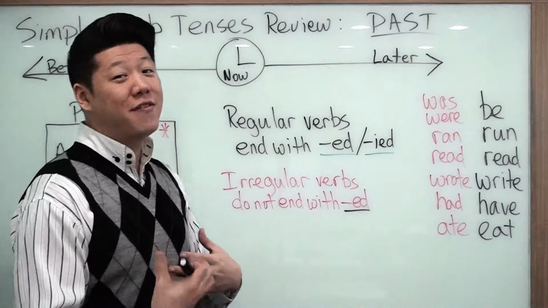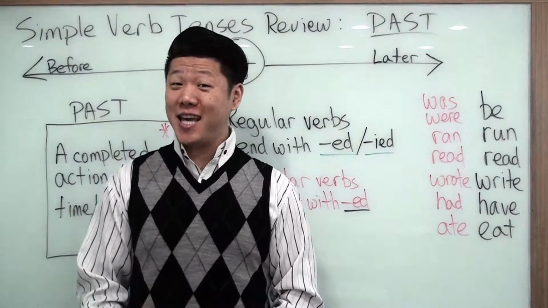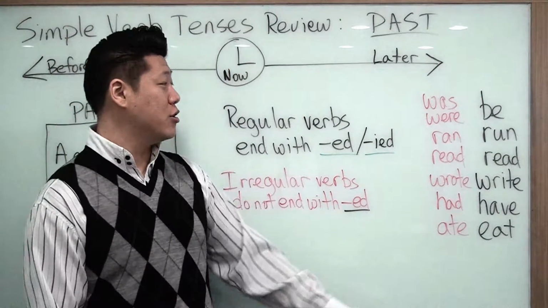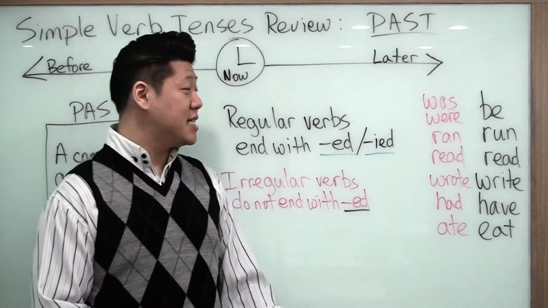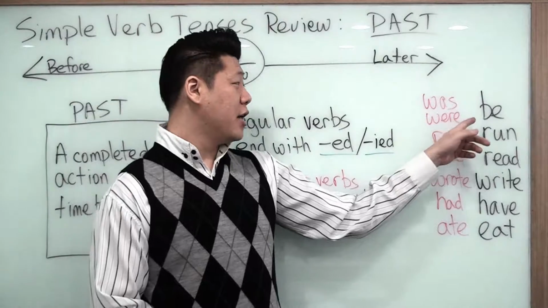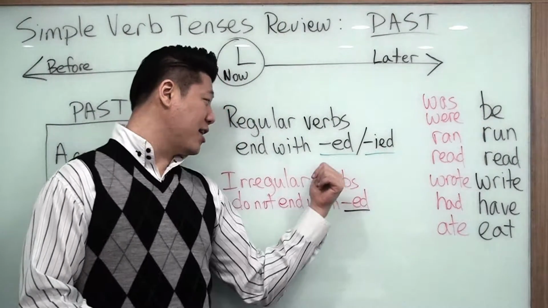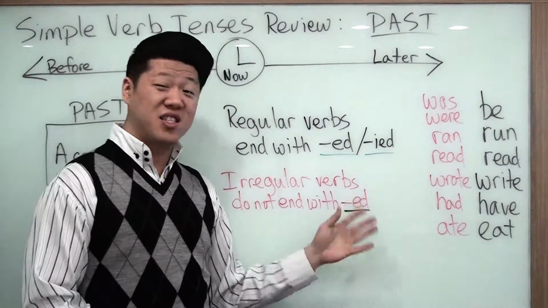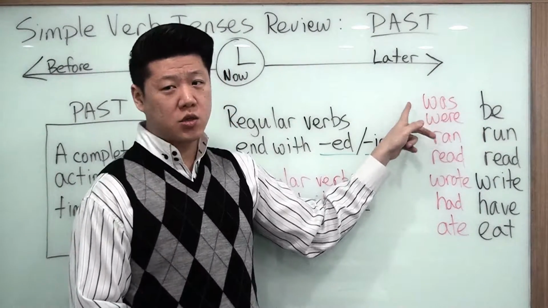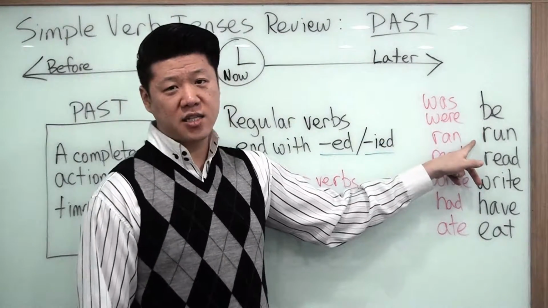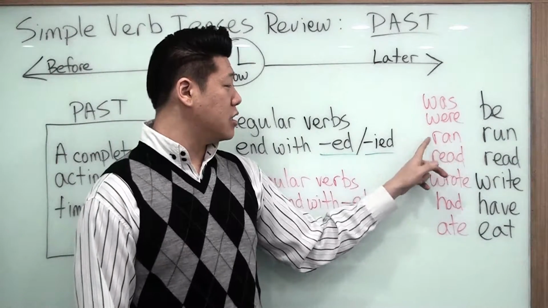However, most of the verbs that we use every day, the common verbs that we use, are irregular. And how do we know they're irregular? Because in the simple past tense, the endings are not ed, they end with something else. For example, be becomes was or were. Run is not runned, it's ran.